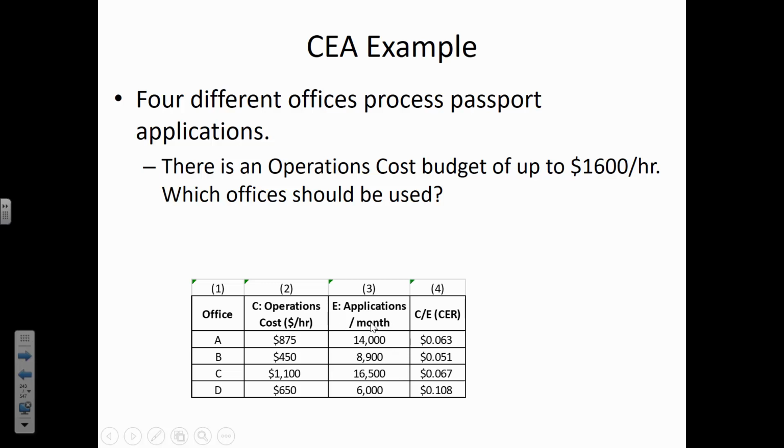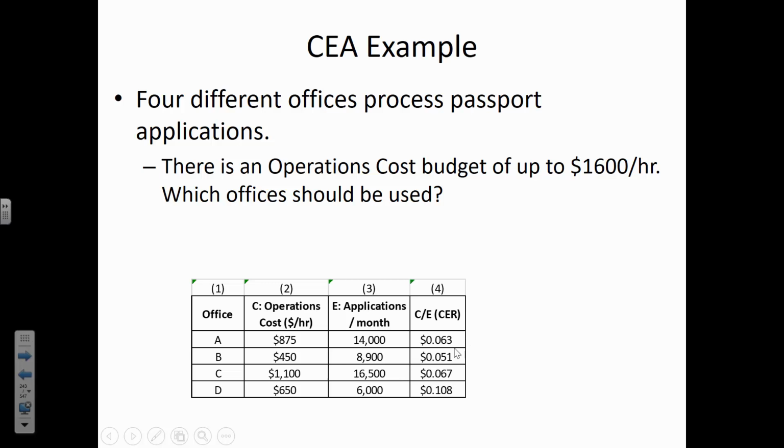Now, the units are mixed, but that's okay. The time units are mixed because up in the numerator, it's dollars per hour, and in the denominator, it's applications per month. And so we've got units of hours in the numerator term and units of months in the denominator, but it's okay because all we're doing is we're comparing these to each other on a relative sense.